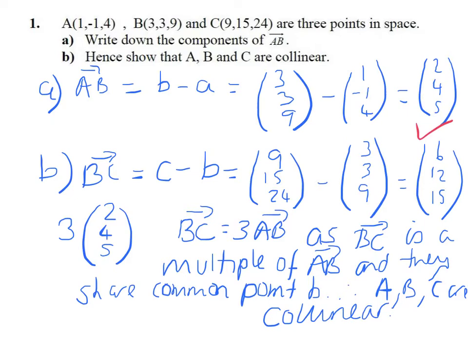Okay, and there's 3 marks available for that part, which will be 1 for calculating this first part, 2 for the multiple, and 3 for stating what's required for collinearity.